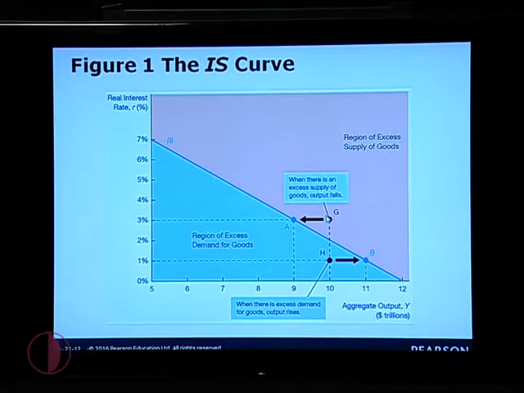But at G, it can be 10. This is where there is excess demand for goods and services, and also in this region, when it comes here at G, there is excess supply of goods and services.